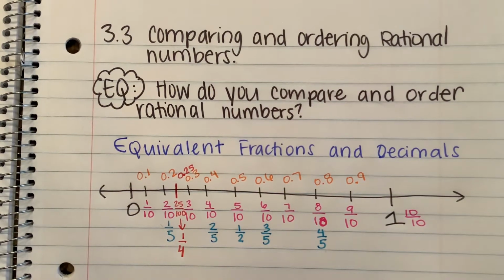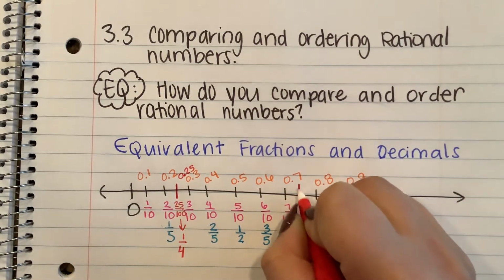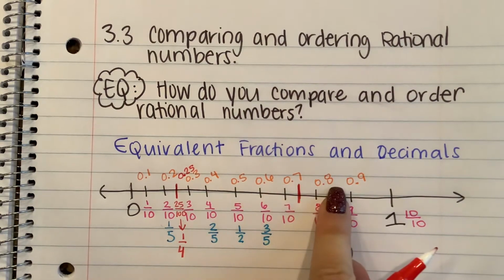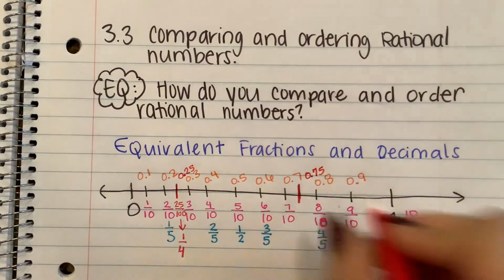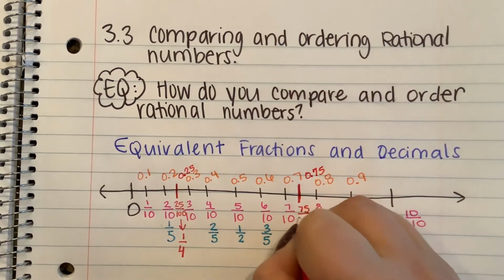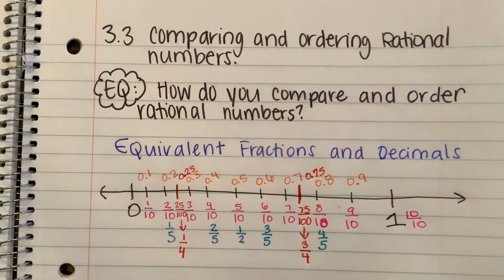Okay, same thing on the other side when we're talking about 75/100ths. So that's going to be right here in between 7/10 and 8/10. So I'm going to add that in. As a fraction, that would be 75/100, which reduces down to 3/4.